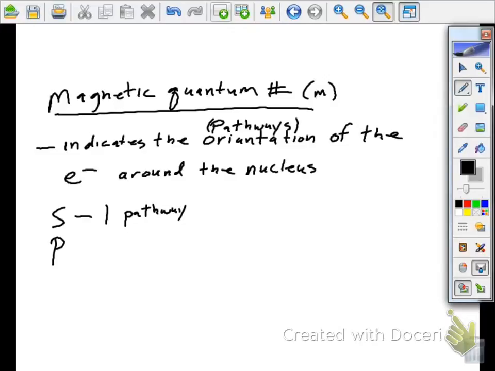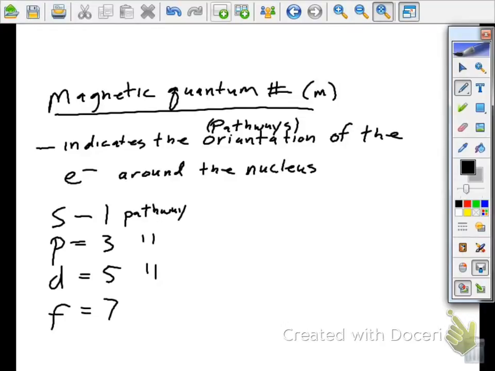The P has how many? 3. Same shape, but 3 different pathways it can go. The D, guys, give me a pattern here. What do you think the D is? 5. And the F is 7.